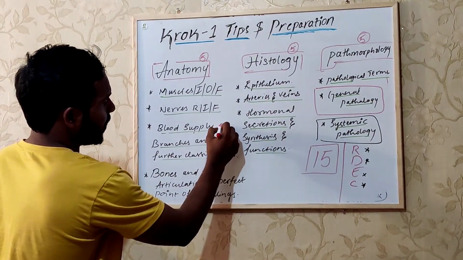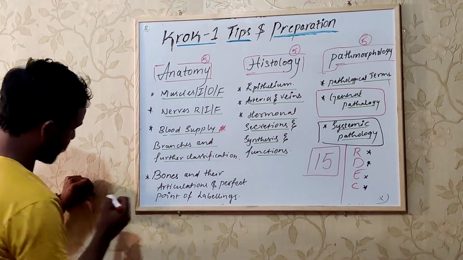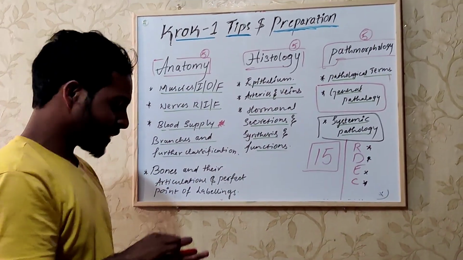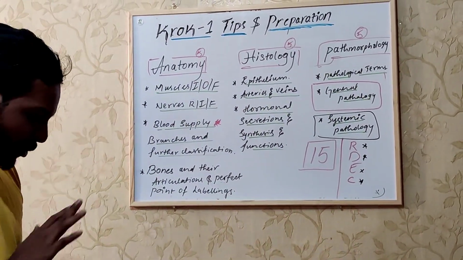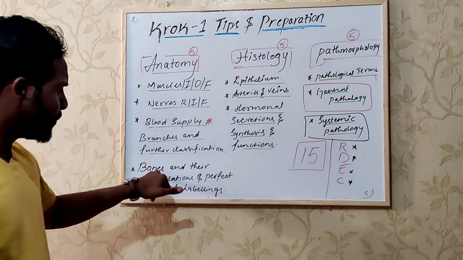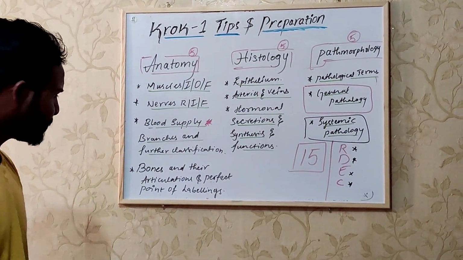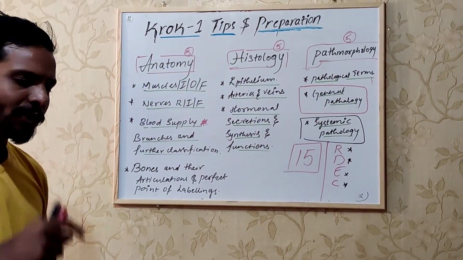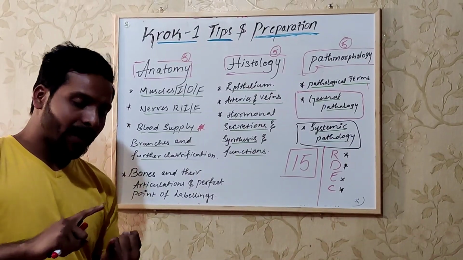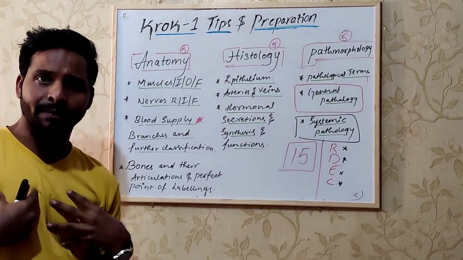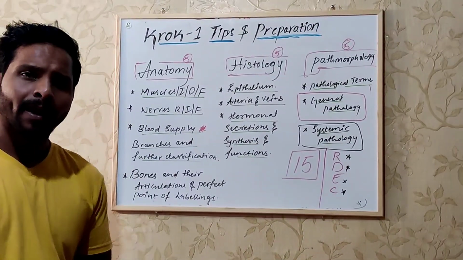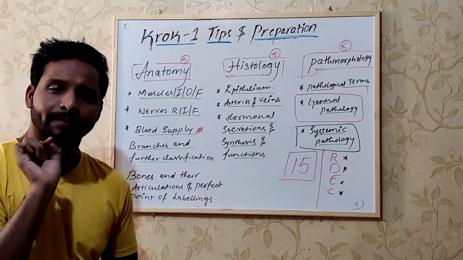Mostly the questions will be asked from heart-related topics. And one more thing: when you started anatomy in your first year, you need to have knowledge of the bones and their articulations and the main points of labeling. You should know the articulations and bones, the upper and lower extremity bones, and don't forget even a single labeling.